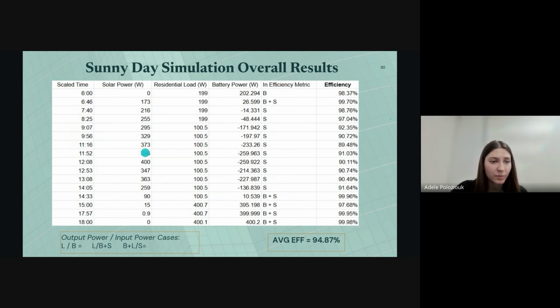When only the solar power is providing power to the residential load, we can see that efficiency seems to drop a lot. Based on this table, my conclusion is that the inverter is more efficient at discharging rather than charging, looking at the trend in efficiency.